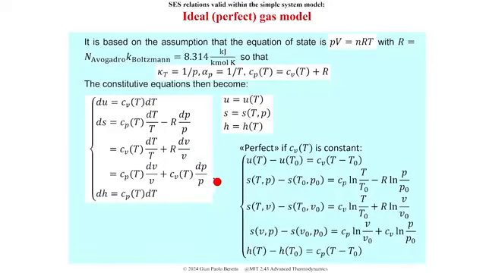And again, if the specific heats are not functions of temperature, which happens in some cases, then you can integrate easily. Otherwise, you have to do the integrals. I didn't write them explicitly.